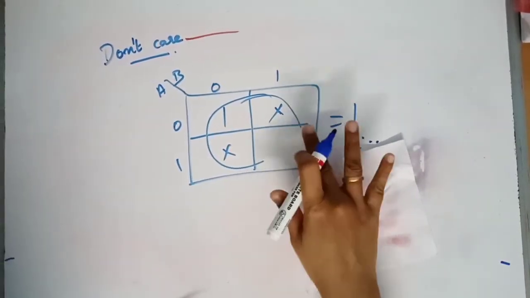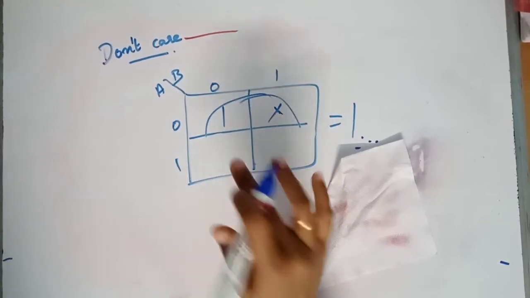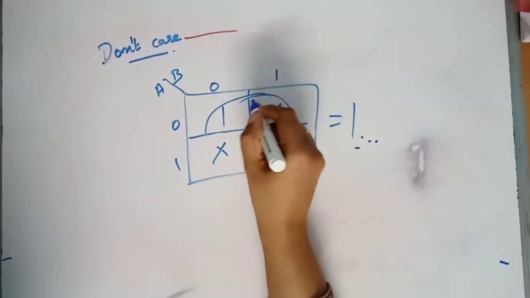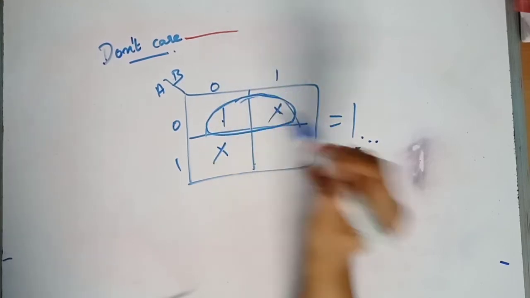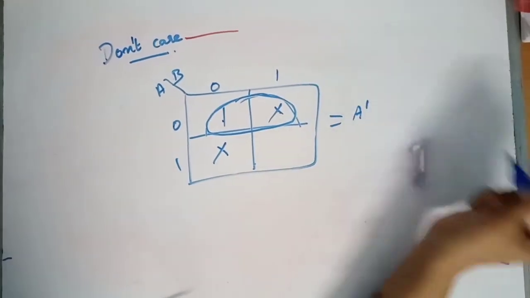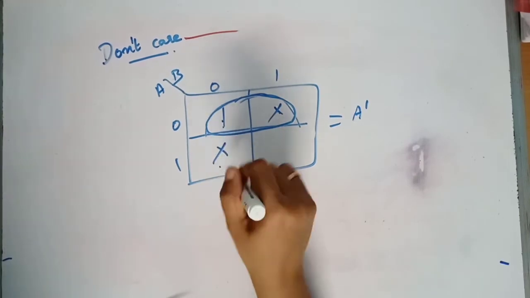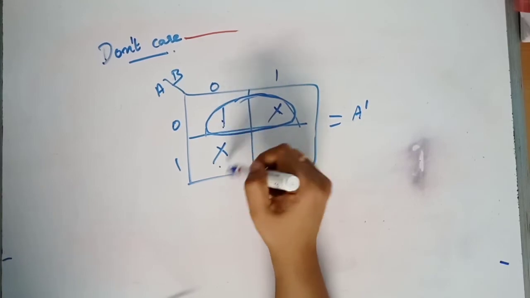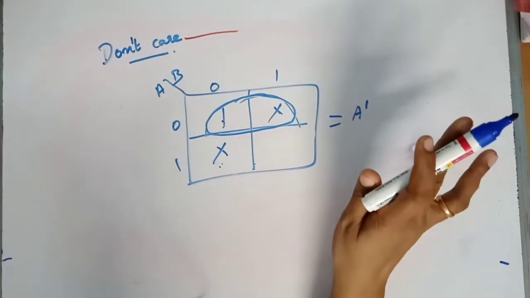Suppose here my question was this. In this case you can group this one with this don't care and write it as A bar, or you can group this one with this don't care and write it as B bar. But don't group this one twice, because this don't care can be left as such.